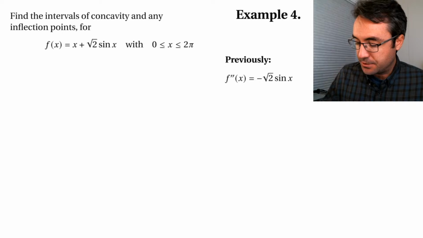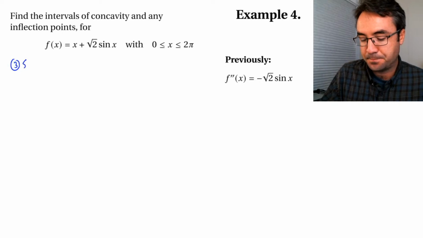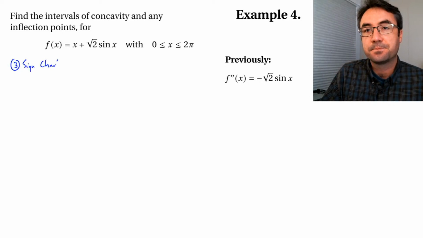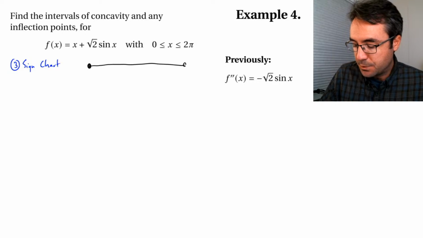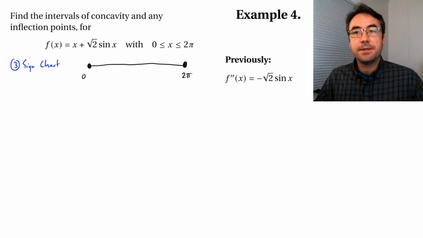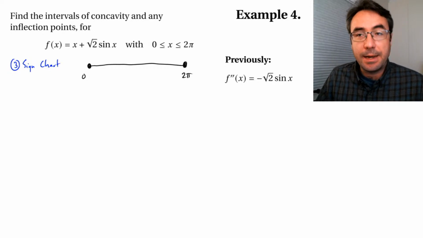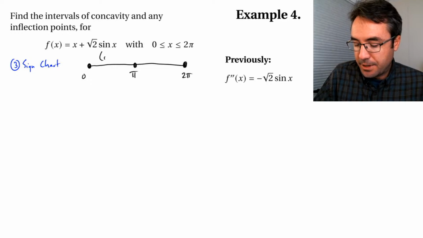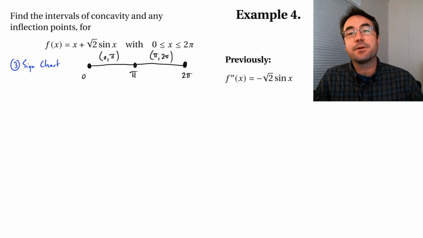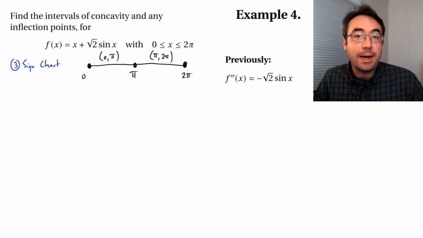And we're going to do our sign chart. That's the next step. We're talking about a closed interval, so we're in between 0 and 2 pi. The other point that we found was pi, right in the middle. So this splits our interval up into two intervals: the interval from 0 to pi, and the interval from pi to 2 pi.